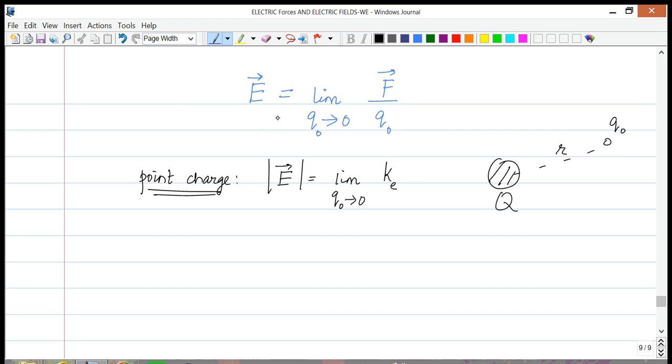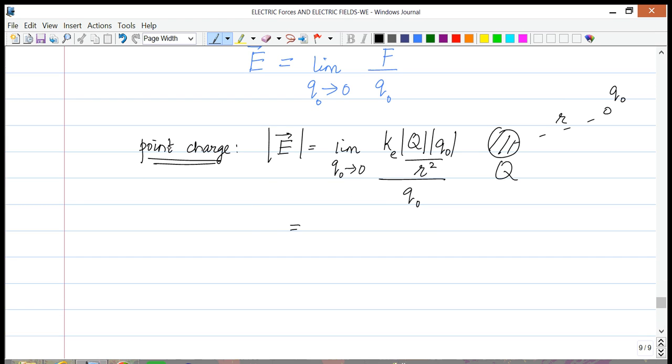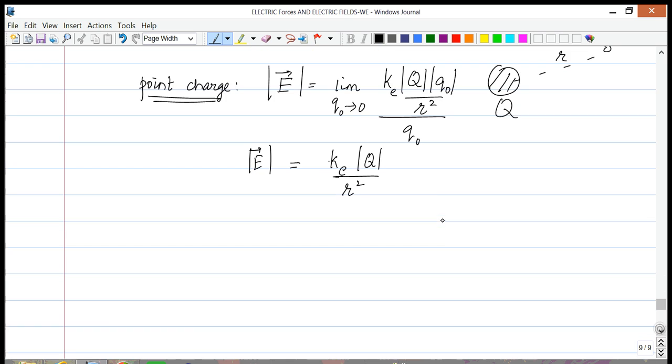What we know is that force is equal to Ke Q Q0 divided by r squared, and all of this has to be divided by Q0. So the electric field has a magnitude of Ke Q divided by r squared. This is the electric field due to a point charge, and this gives us the magnitude.